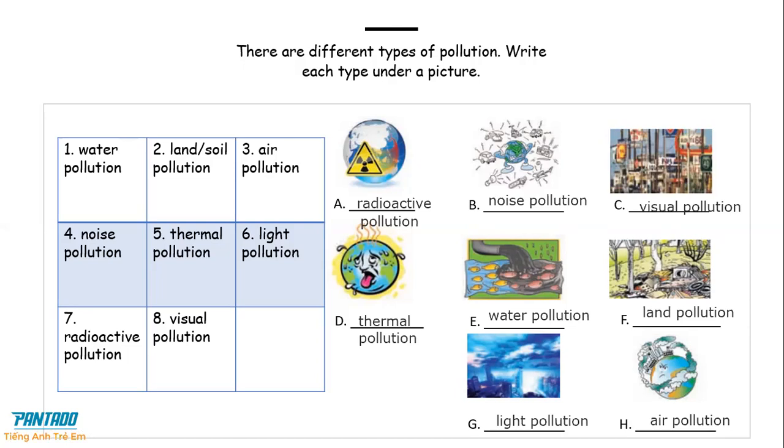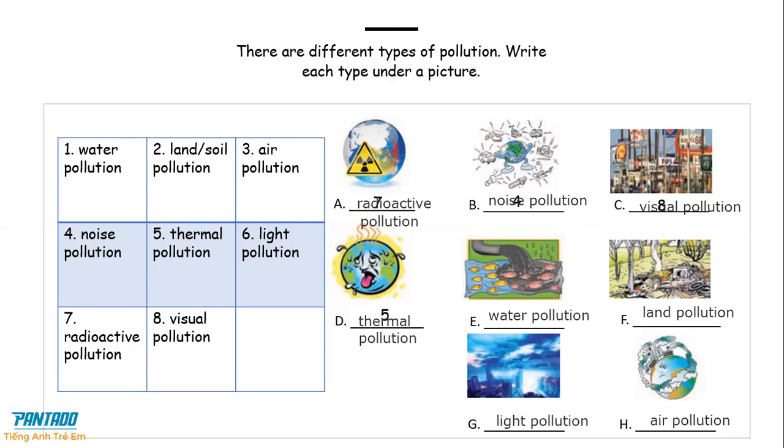Okay, so let's see if you got all the different types of pollution. So letter A, it's radioactive pollution. Very good. Letter B, it's noise pollution. Letter C, it's visual pollution.